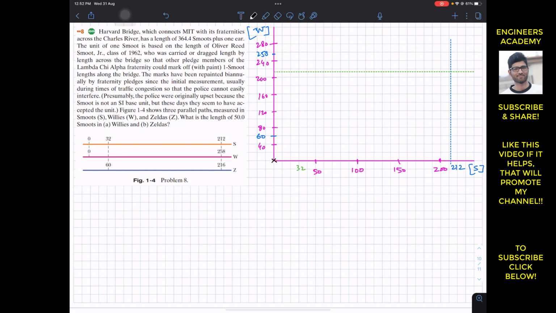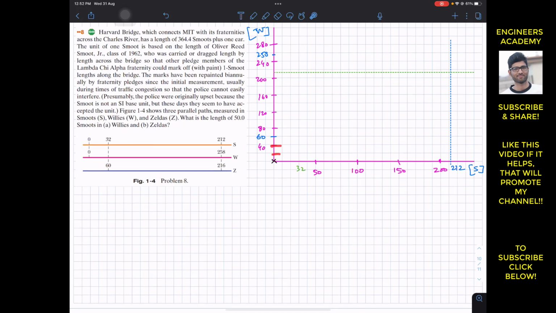0, 0, and now when Smoots is 212, Willies is 258. One division on the y-axis is 20 Willies, so this is 20, 40, 60, and similarly this is 240, so somewhere here is 260. On the x-axis one division is 10, so this is 200, this is 210, so 212 is somewhere here.